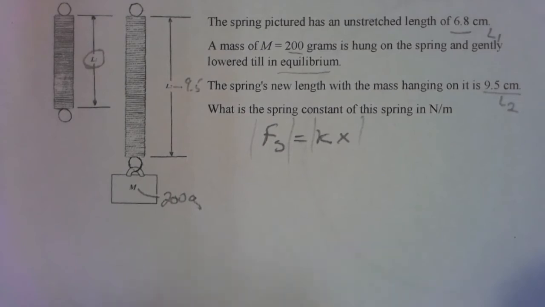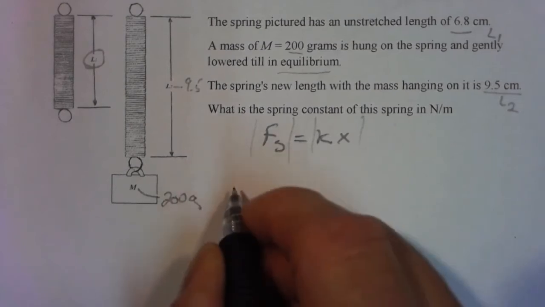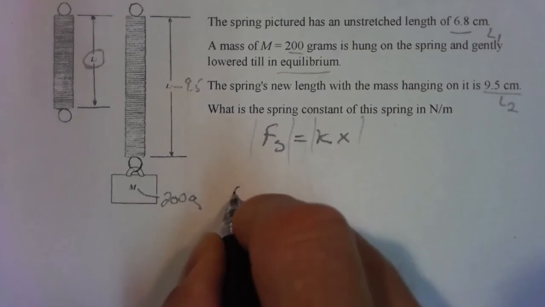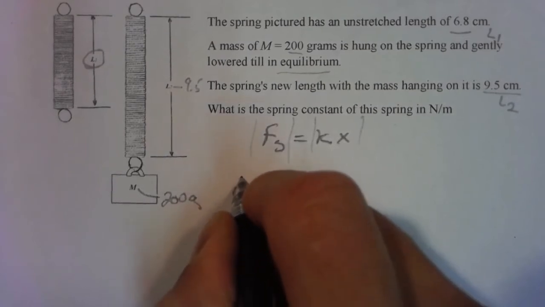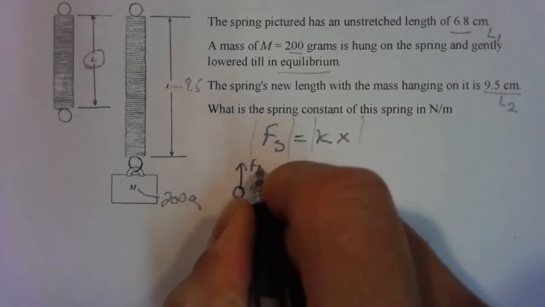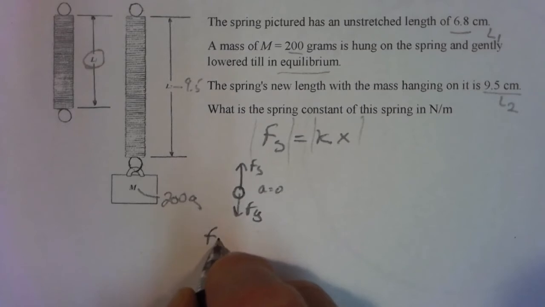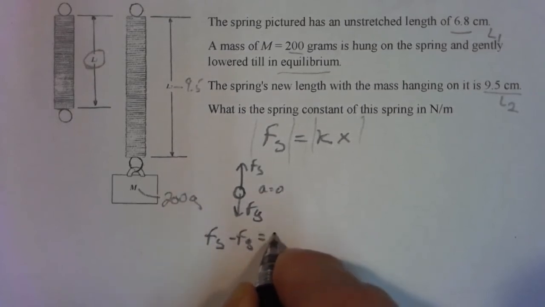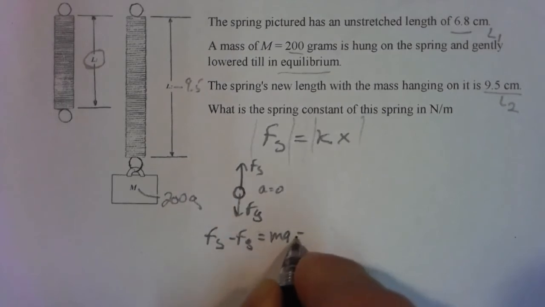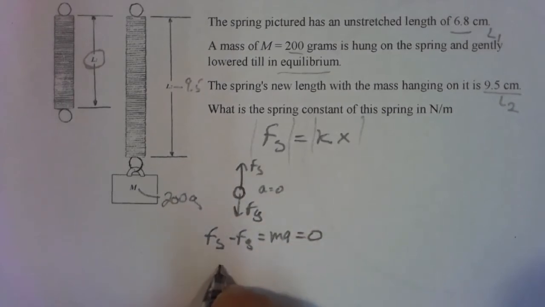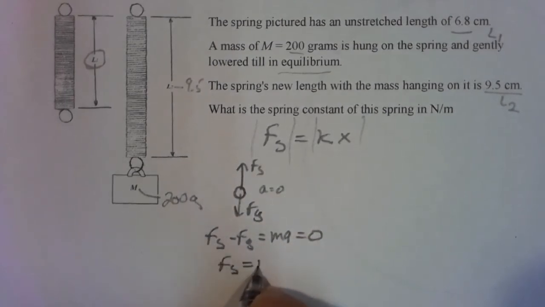So we have a mass hanging on this. So once again, if we look at the forces on that mass, there would be the force of the spring up, there would be the force of gravity down, and since it's not accelerating, those have to add to 0. That spring minus the gravity, because it's down, will equal ma, but that's going to equal 0. So the spring is going to equal the gravitational force.